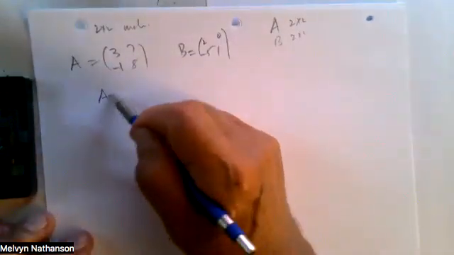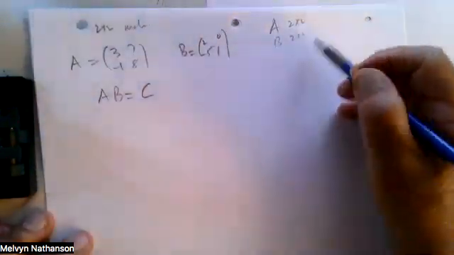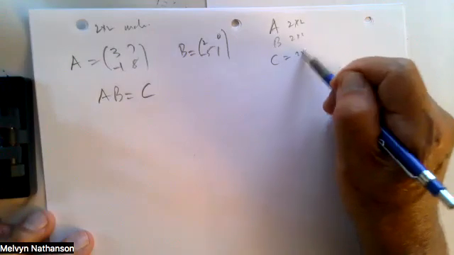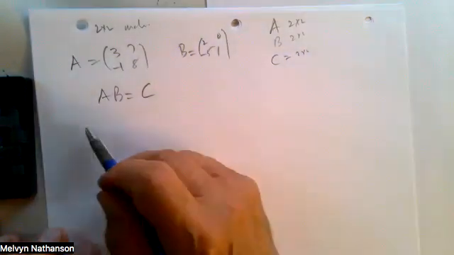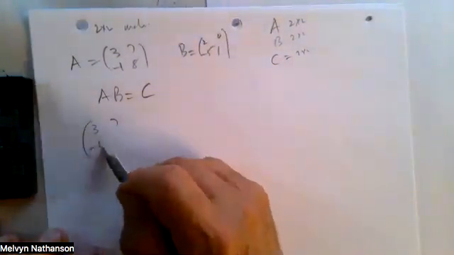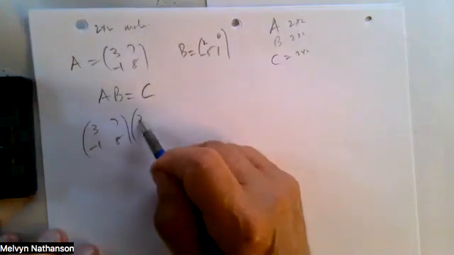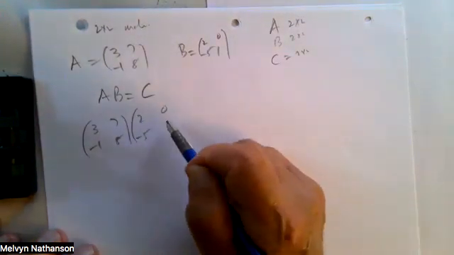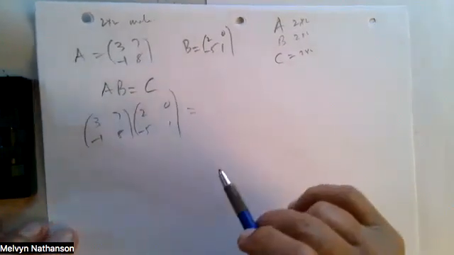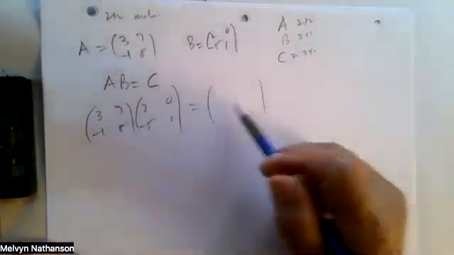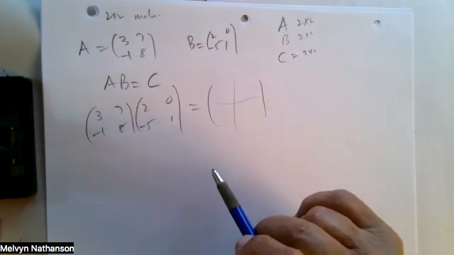If I let AB be C, the matrix C will also be 2 by 2. That is, I want to multiply 3, 7, minus 1, 8 times 2, 0, minus 5, 1. So I'm going to get a 2 by 2 matrix.